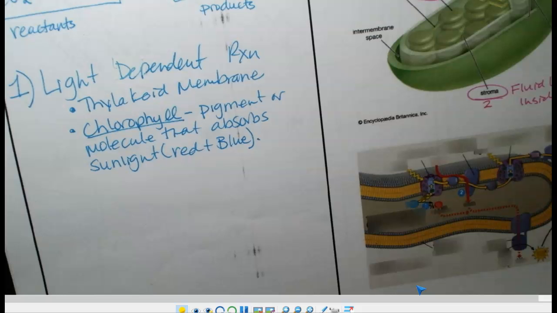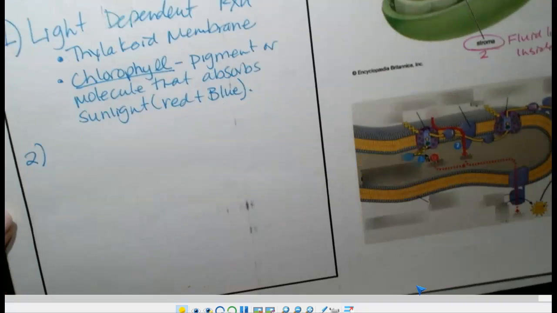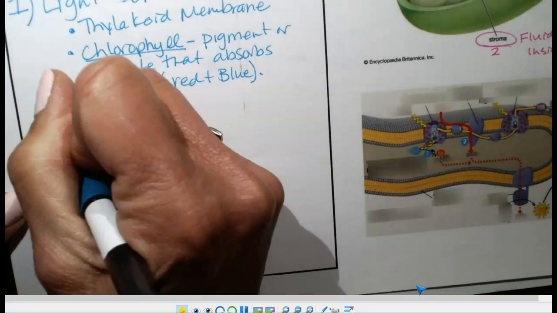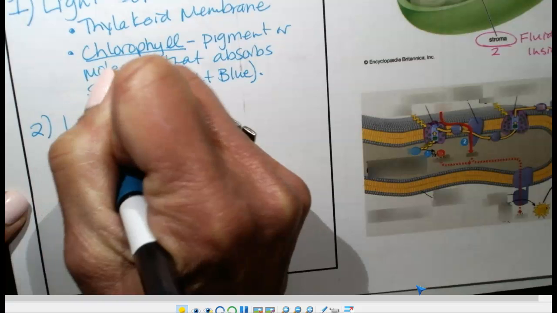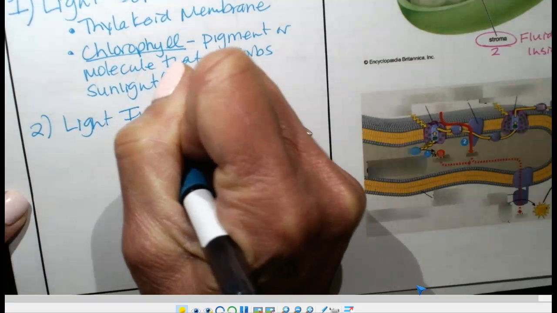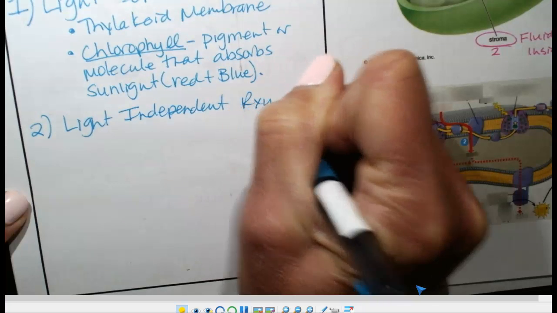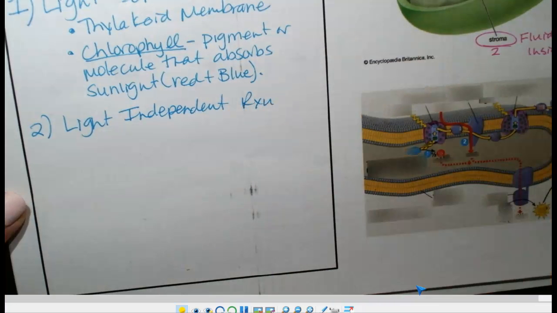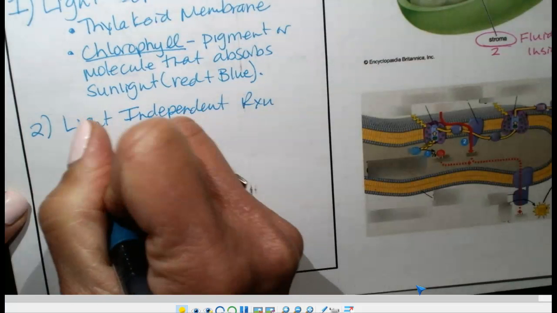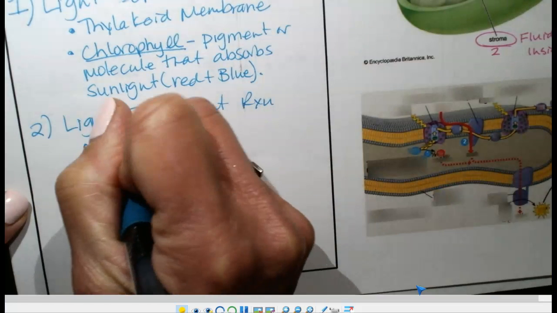Okay, so our next stage is called the light independent reaction, meaning it does not need light to happen. This one happens in the stroma.